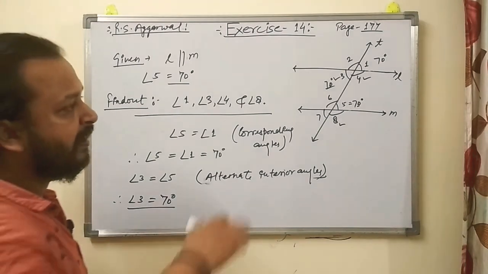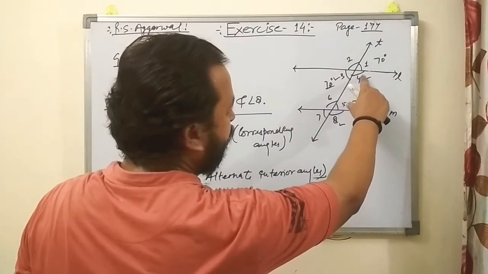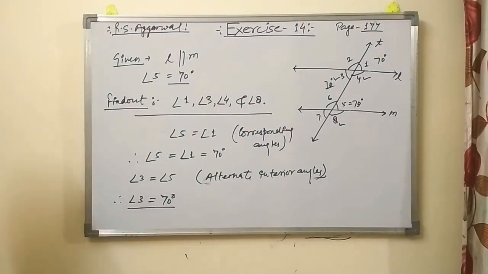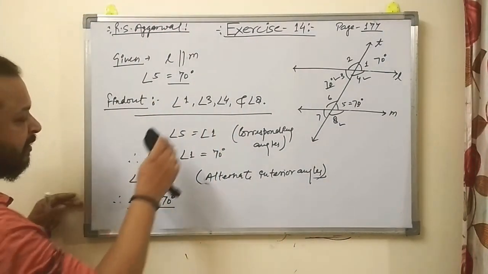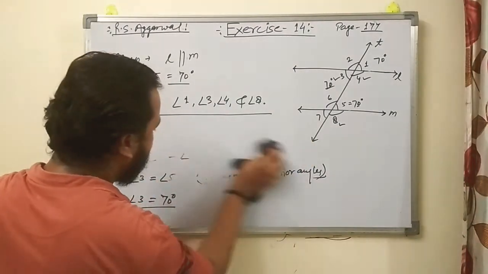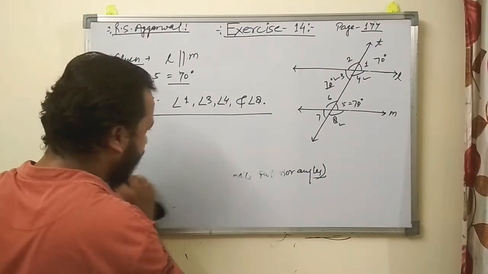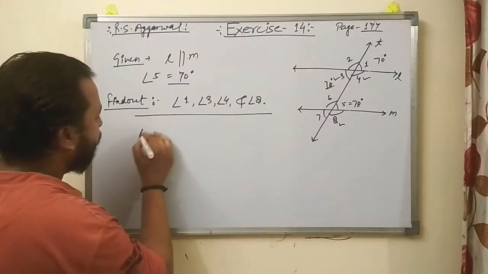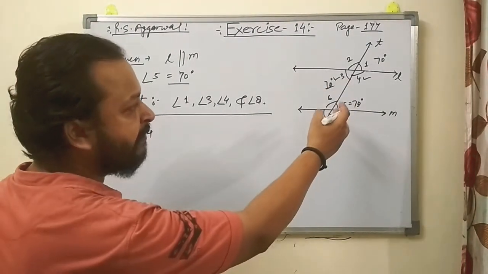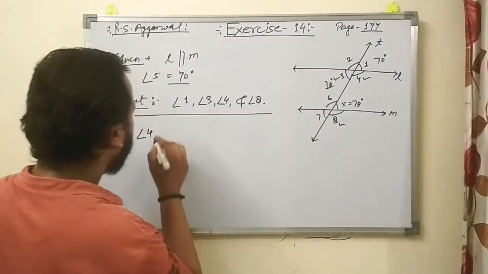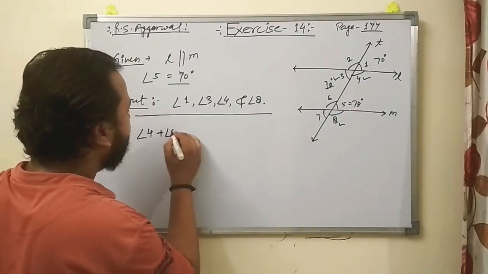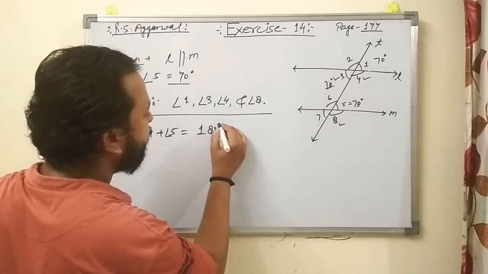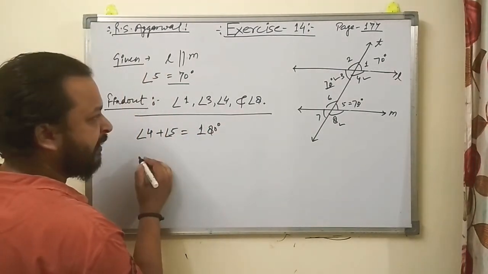So look at this angle 4 and angle 5. Now I am going to erase this. Angle 4 and angle 5 are consecutive angles. That means angle 4 plus angle 5, the sum of consecutive angles, must be equal to 180 degrees.